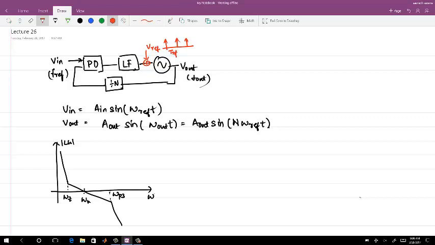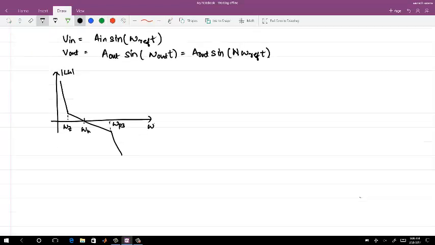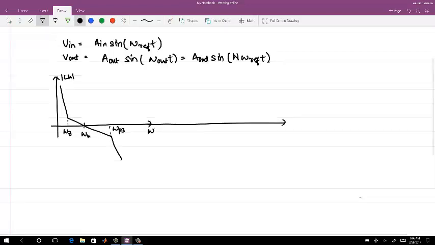Now I showed that at the output of the oscillator, if I extend this frequency axis, somewhere here I will have N times omega ref, where the output of the PLL will be.